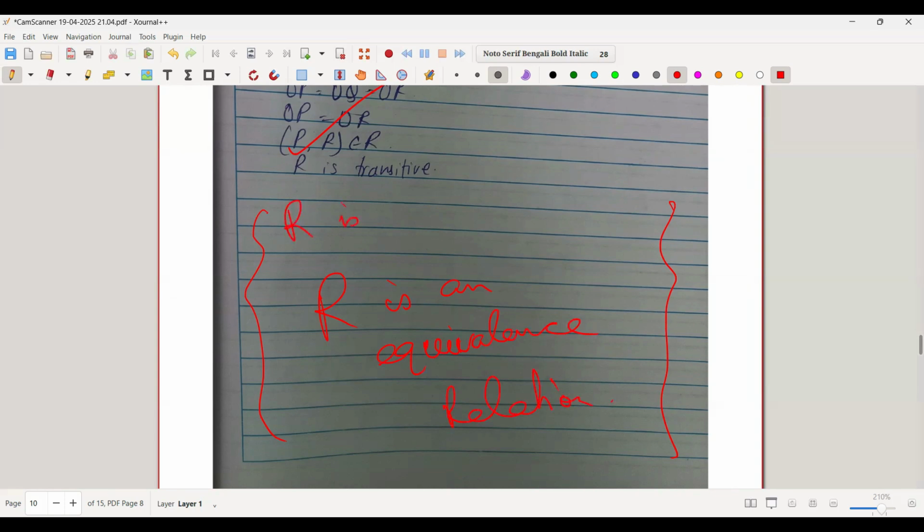Before that, R is a reflexive, symmetric, transitive relation.